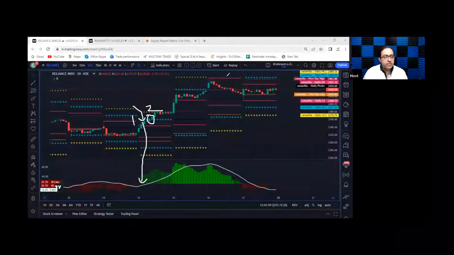A 5% move in 2 days. If you felt it was too much, you exit, no problem. Otherwise your stop loss moved from here to here, then from here to here, and now it has come from here to here. How many of you understood? How many of you did not understand? This is a good example of Reliance. So we are using a 30-minute chart.